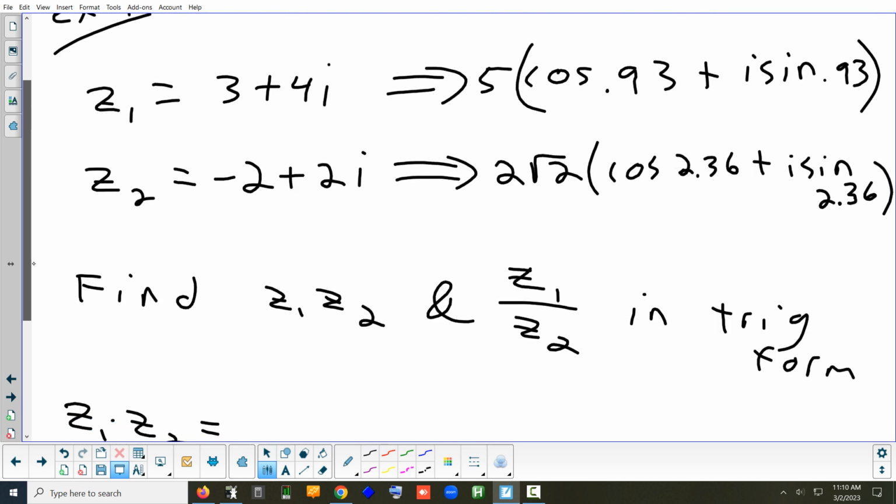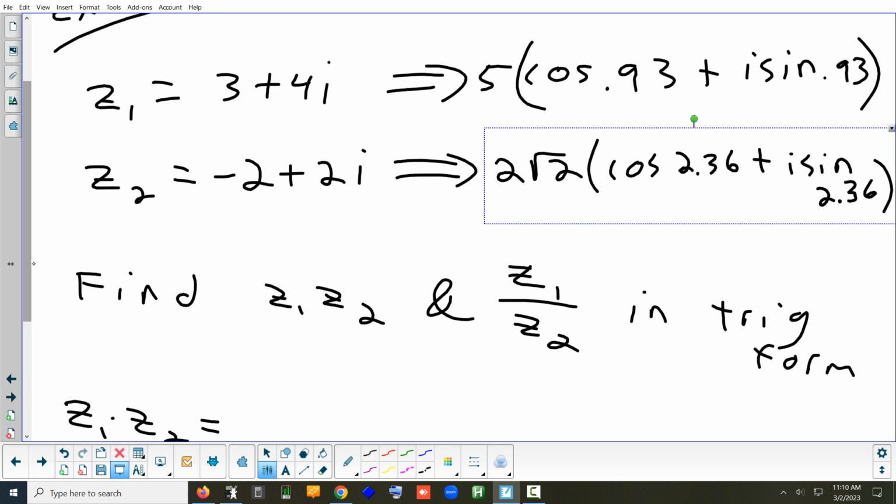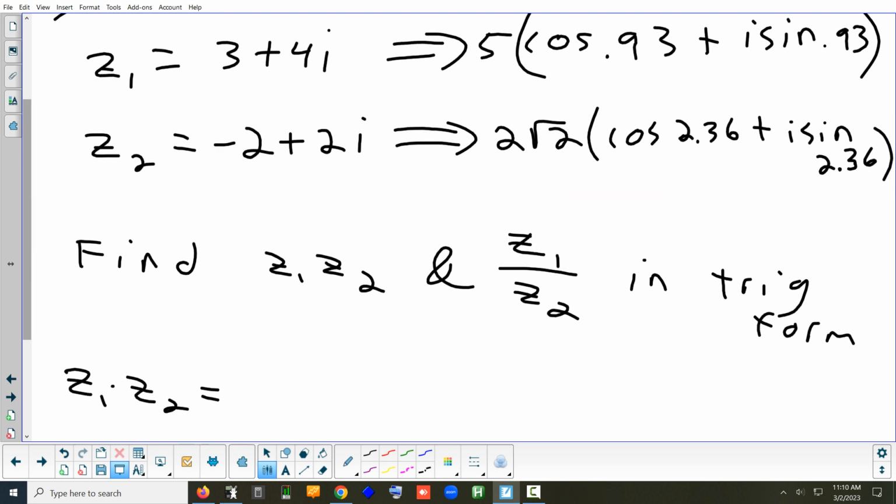How am I going to get my new radius, or what do I do with the old radii to get the new one? I multiply them together. So what's 5 times 2 square roots of 2? 10 square roots of 2. So there's my new radius, cosine plus i sine.